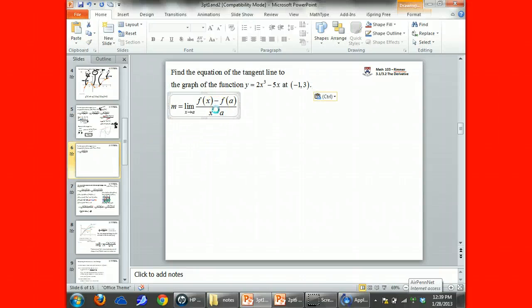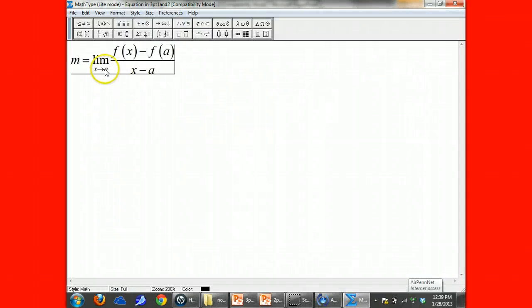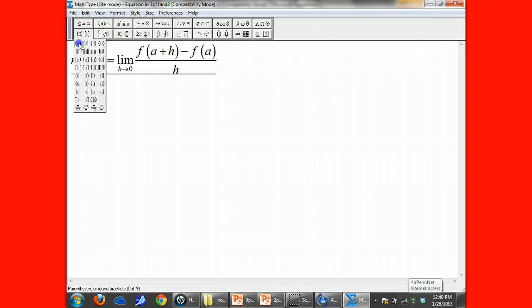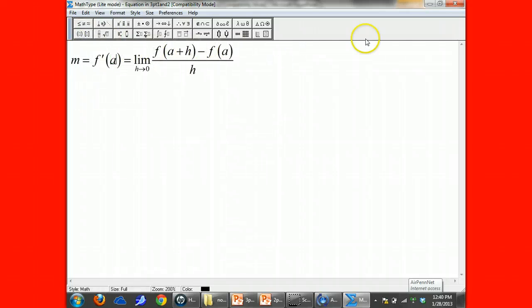The other way is the limit as h goes to 0 of f of a plus h minus f of a, all over h. This gives you f prime at a. And algebraically, it's just much easier to deal with.